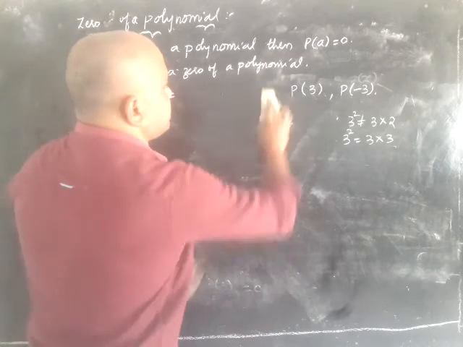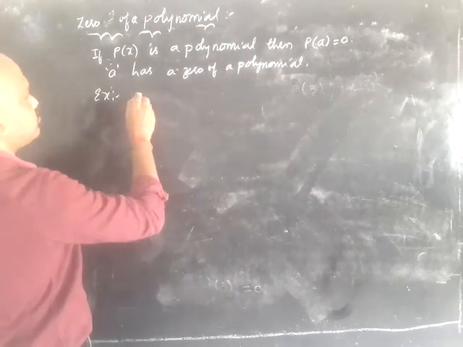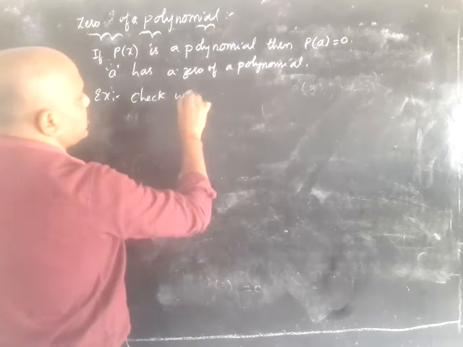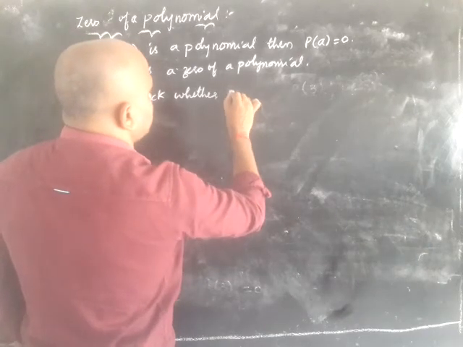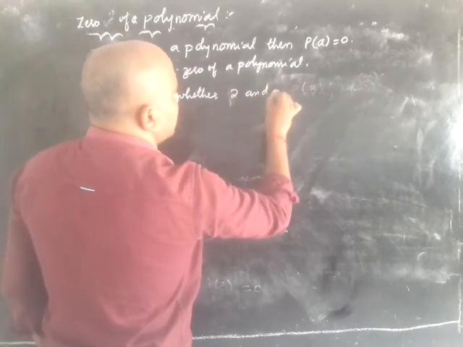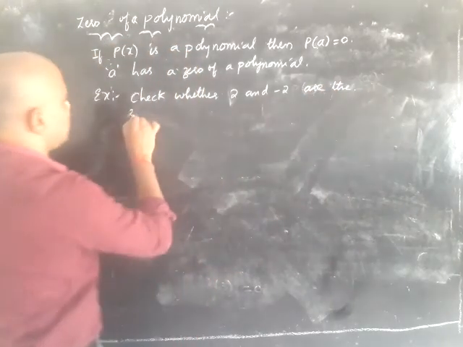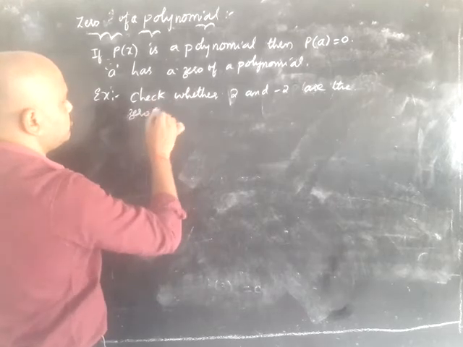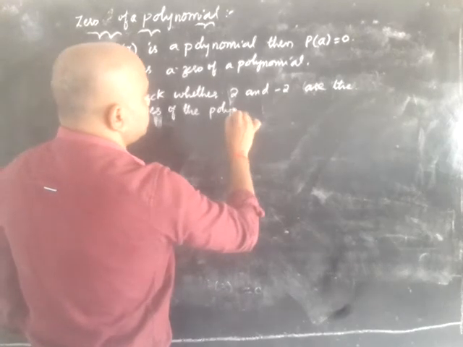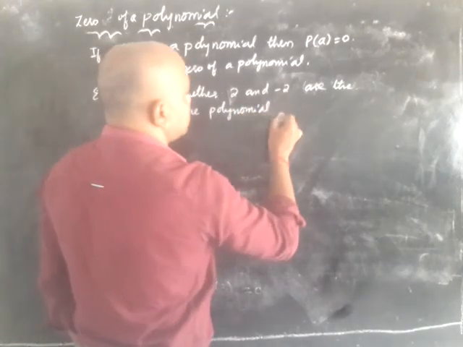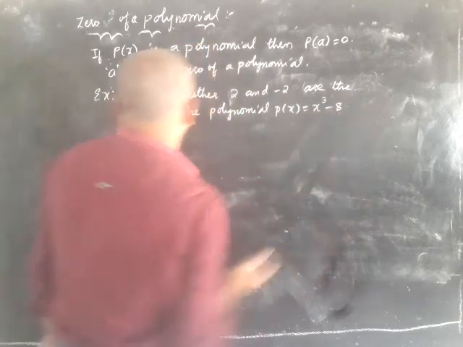See this example. Check whether 2 and minus 2 are the zeros of the polynomial p of x is equal to x cube minus 8.